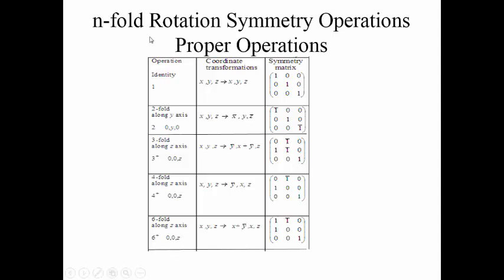For example, in 2 dimensions we found that for periodicity or crystallographic symmetry, we're only allowed 1, 2, 3, 4, and 6-fold rotations, or we're only allowed the identity, 2-fold, 3-fold, 4-fold, and 6-fold proper operations, and that's true also in 3 dimensions.